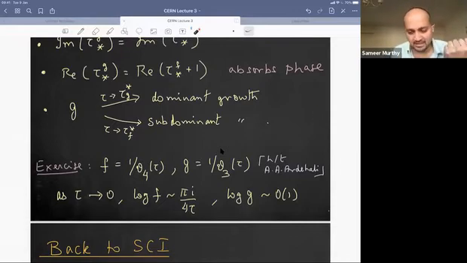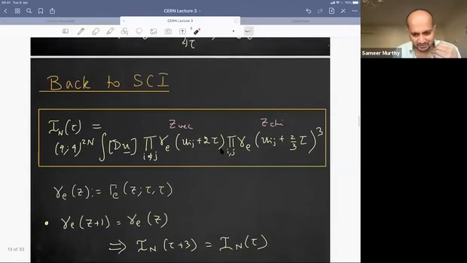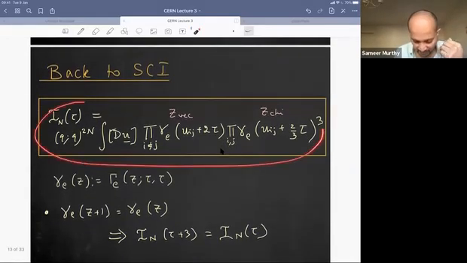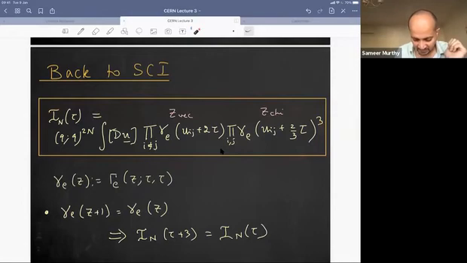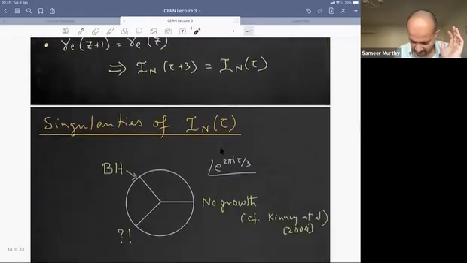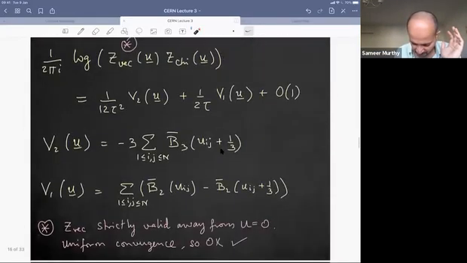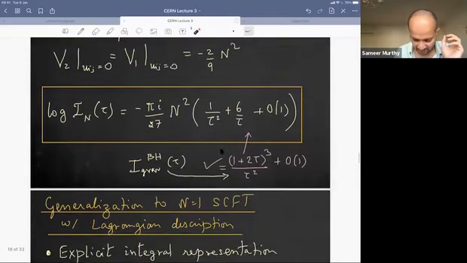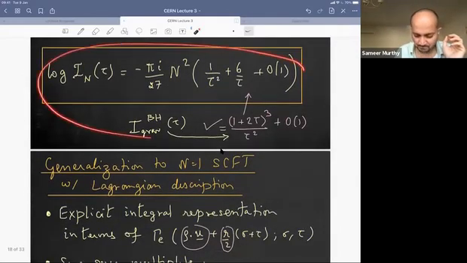I gave you a simple example of why that is the case. Having said that, I didn't look at the microcanonical degeneracy of our problem yet. That's where I'm headed. All I did was take this and estimate this integral using the saddle point. I fixed tau, and I get a canonical answer, and that agrees with the on-shell action of the black hole.